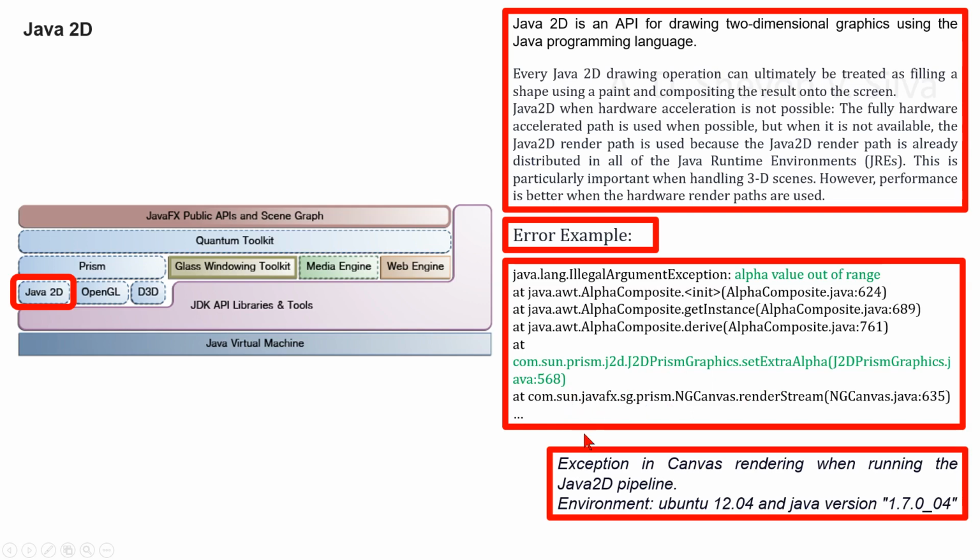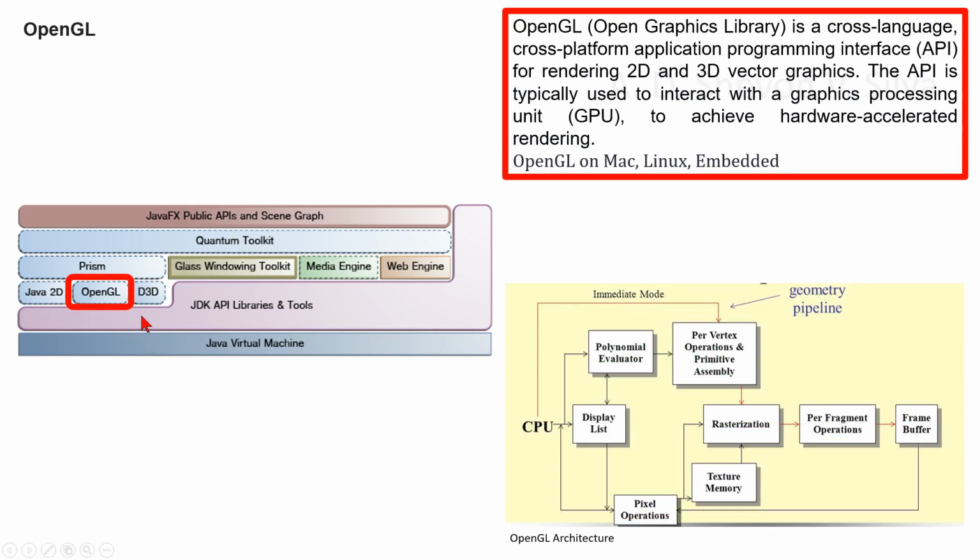Now we are focusing on OpenGL. OpenGL, Open Graphics Library, is a cross-language, cross-platform application programming interface, API, for rendering 2D and 3D vector graphics.